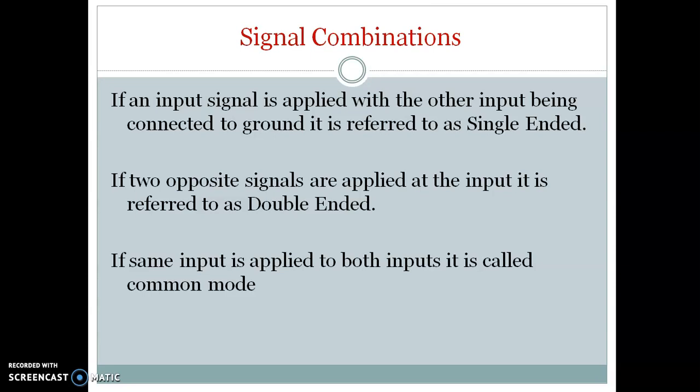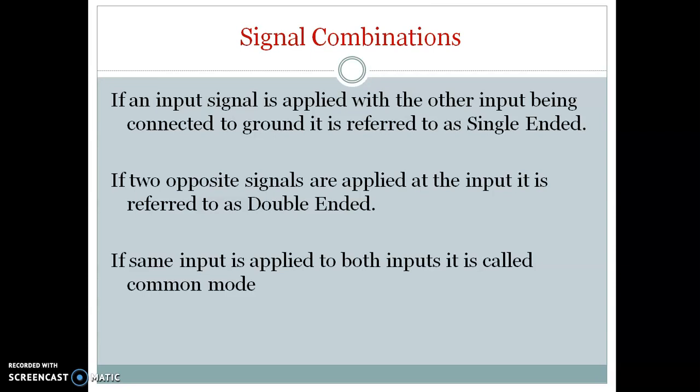This is called single ended. Next, if I feed two signals at the two terminals with opposite polarity, this is called double ended. This is another way of giving the input.